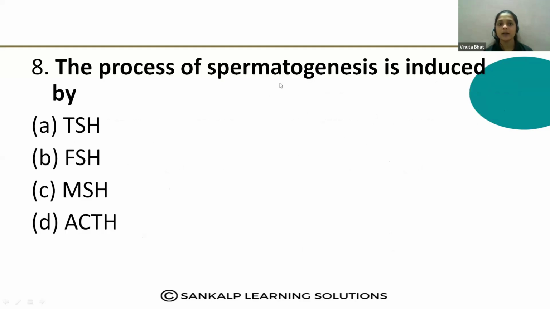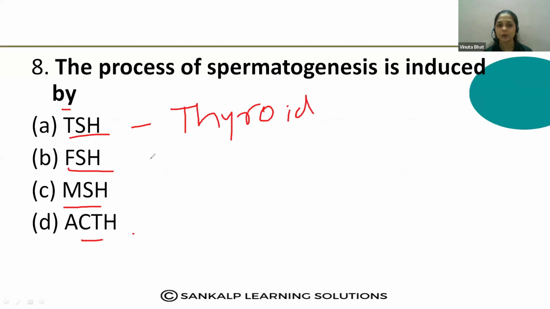Look at the 8th one. The process of spermatogenesis is induced by which? TSH, FSH, MSH, ACTH. Here TSH means thyroid stimulating hormone.